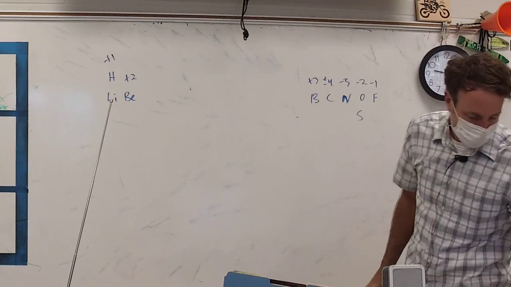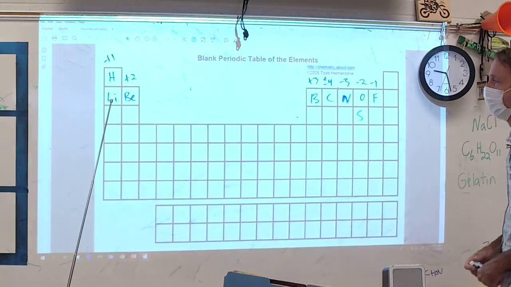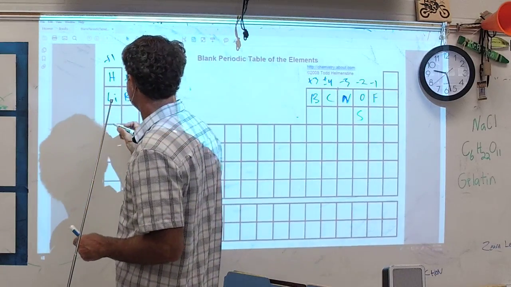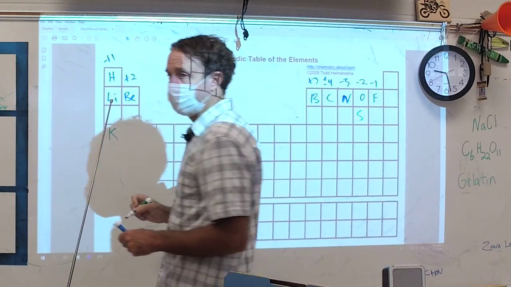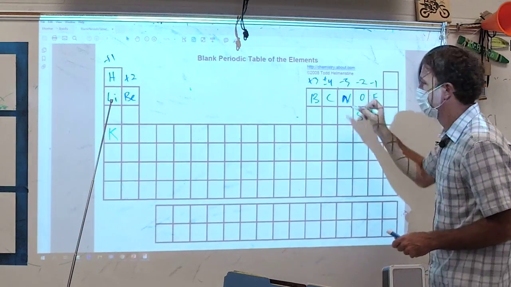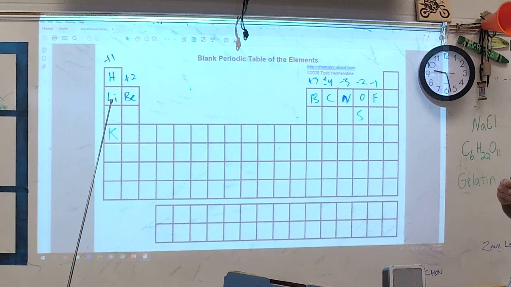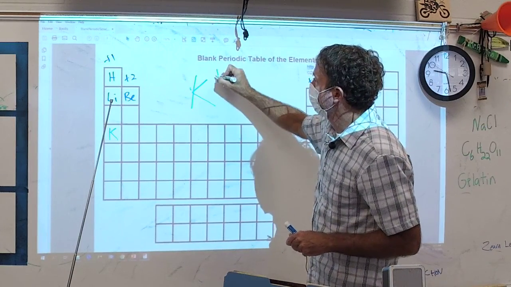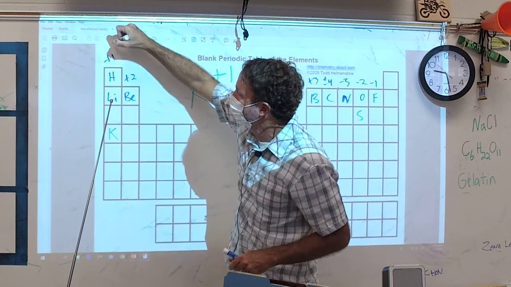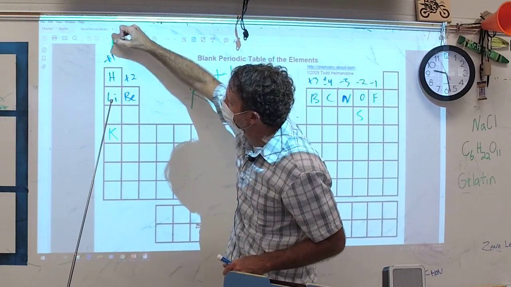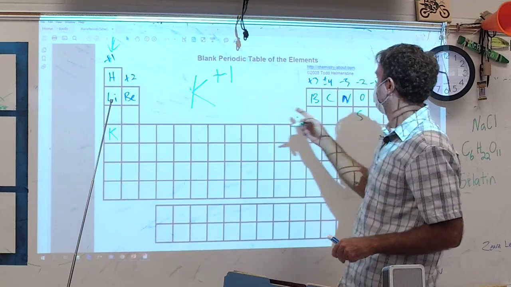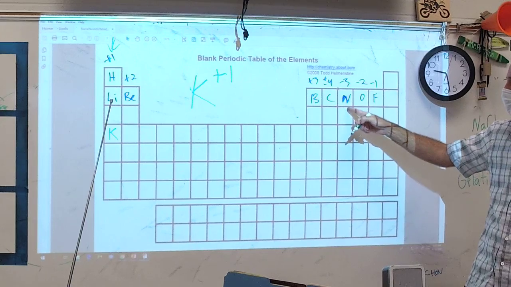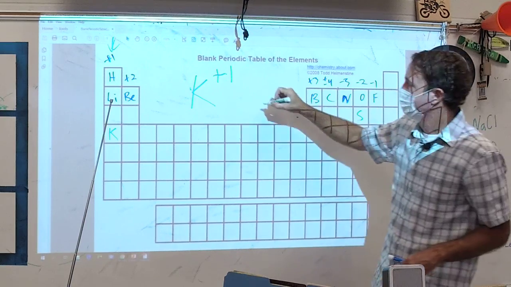All right. How about we write a formula for potassium nitride. Potassium is +1 because it's in this group right here that says +1. And nitrogen, what's its oxidation number, Sullivan? -3.